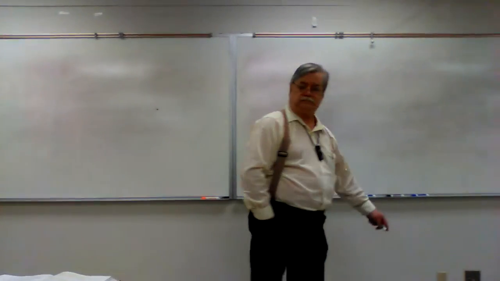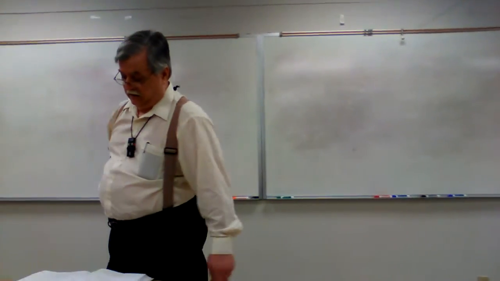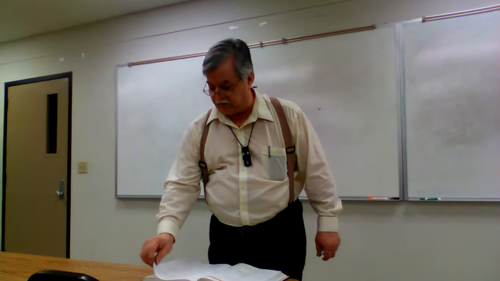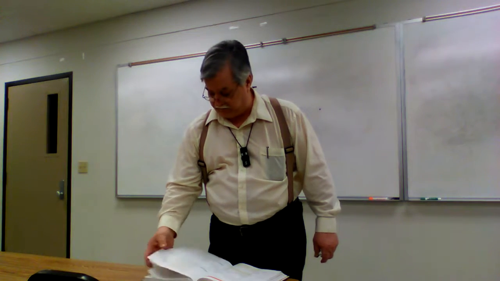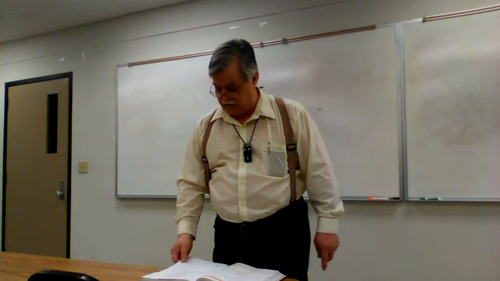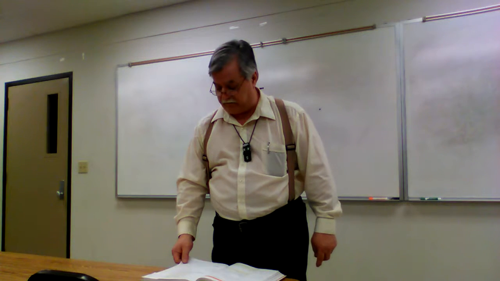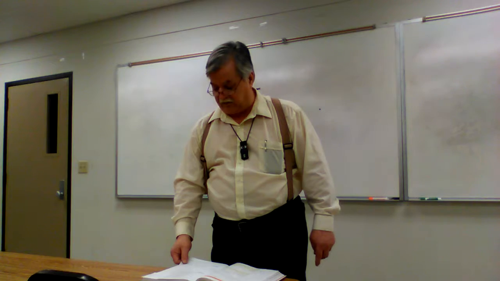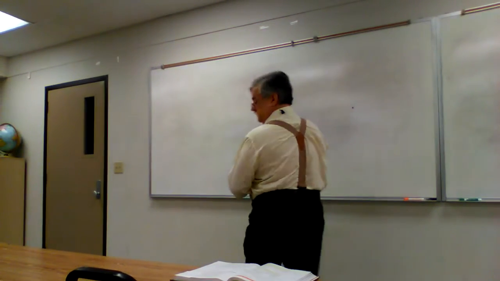All right, let's see if any of these examples are even interesting. Well, we'll start with example 1. Solve the triangle. A is 40 degrees, B is 60 degrees, and a is 4 units.